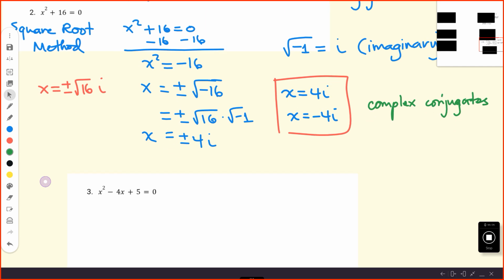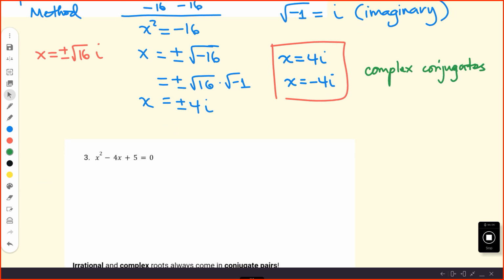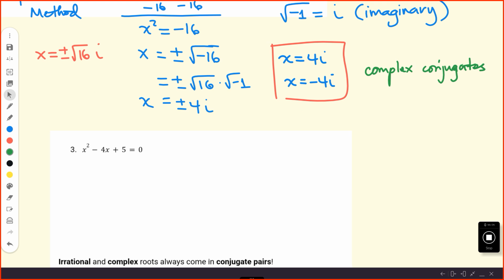Now, what about this? If you have x squared minus 4x plus 5 equals 0, how do you find the roots? Because we're going to find the zeros of this polynomial. Can we factor this?